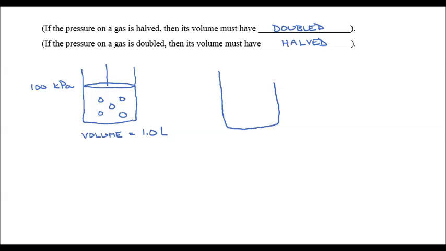So now what we're going to do is take that piston and double the pressure to 200 kilopascals. We still have 5 gas particles, but now the volume will equal only half of a liter.